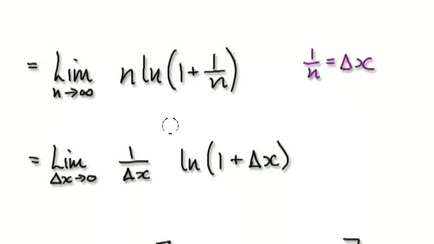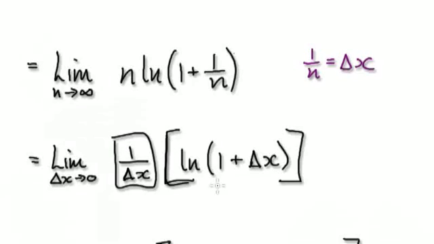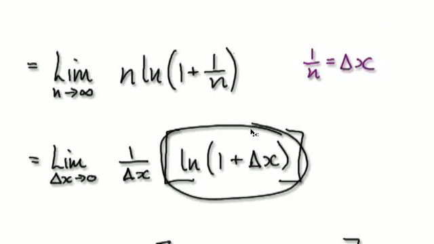So at the moment you've got this thing times this thing, but visualize it as this. Okay, so now you've got this. Here you've got one thing multiplying another thing, but visualize this block here as one block.